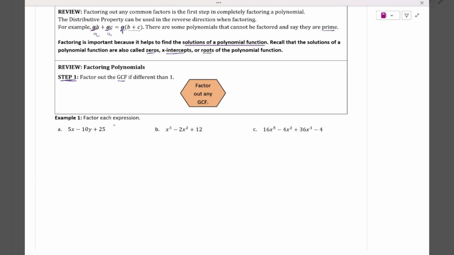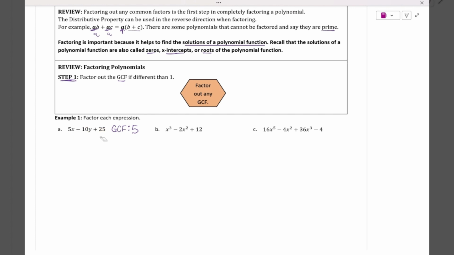What do they all have in common? Well, I like to look at the number parts first, or the coefficients. We have 5 for the first term, minus 10, and then 25. Looking at those number parts, you can see that they all have a 5 in common because I can divide all of them evenly by 5.